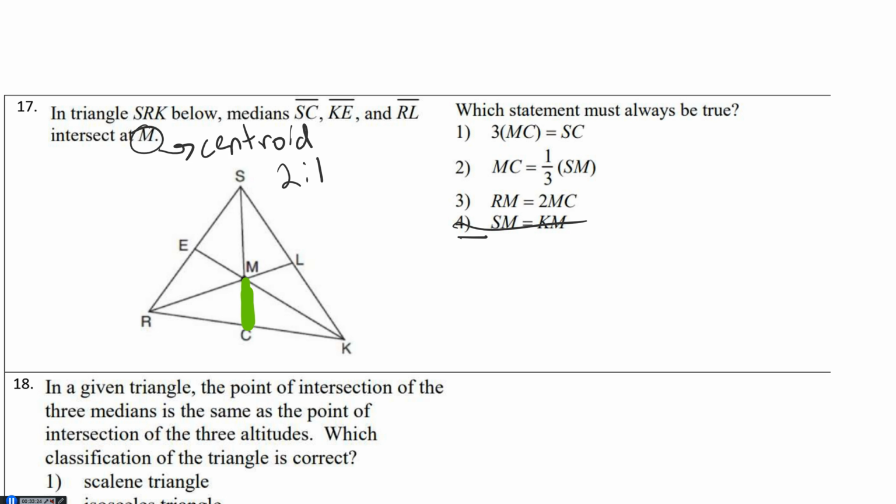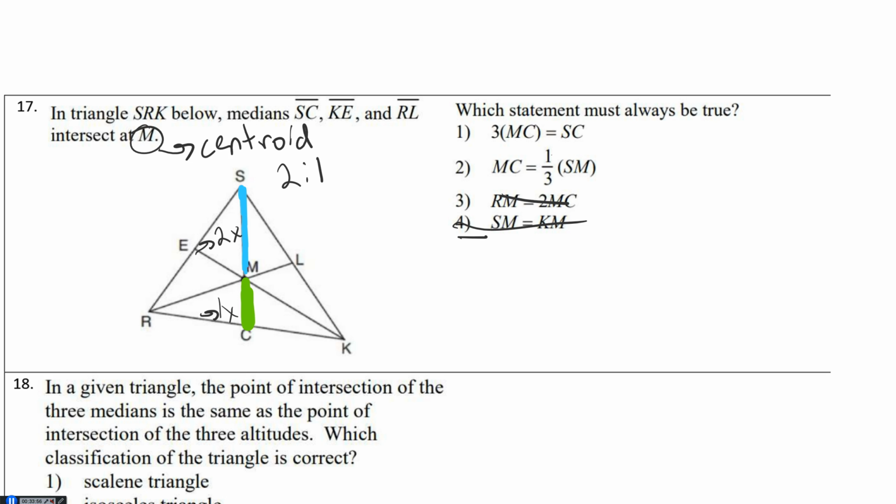So for example, if MC is 1x, then SM would be 2x. So the ratio of 1 to 2. All right. RM equals 2MC. Again, these are from 2 different medians, and we don't know anything about them. We don't know if this picture is drawn to scale. We can't measure them.